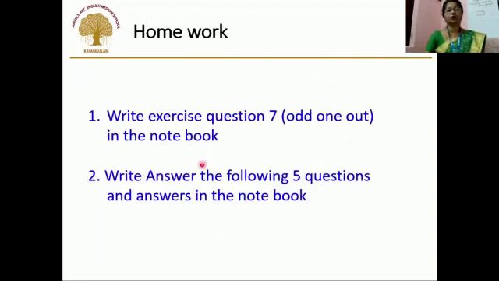Next, homework for this session is to write exercise question 7 of the text, odd one out, which we discussed just now, in the notebook. Write the answers to the following 5 questions.